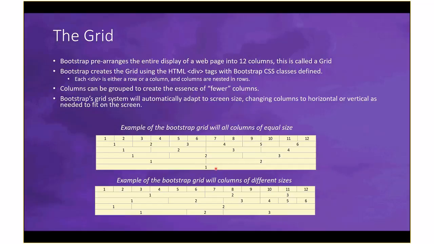The rows expand vertically the more content you put in them. They're not defined vertically, much like a grid in Excel, right? You can make the rows as high as you want to hold as much content as you want. Same kind of thing.